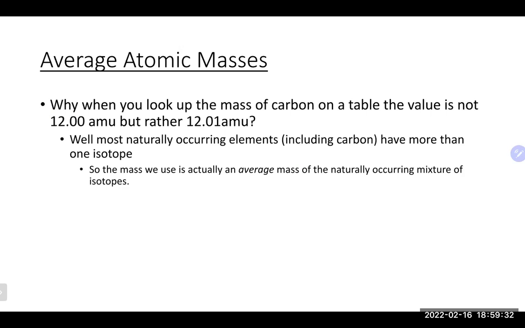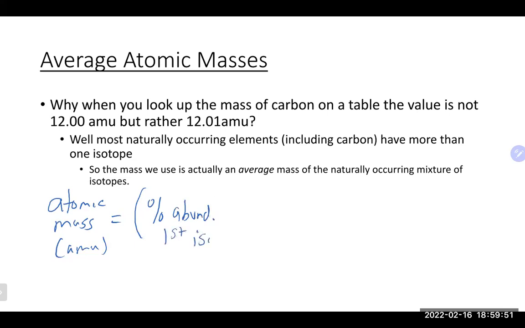There's sort of a formula that you follow if you want to calculate the atomic mass of an element in AMU. You basically take the percent abundance of the first isotope and you times it by the atomic mass of the first isotope.